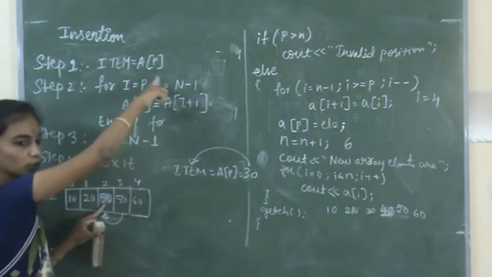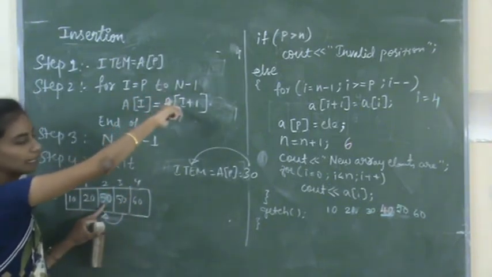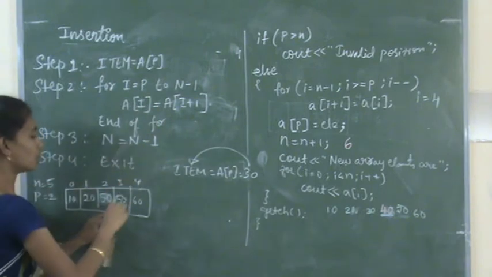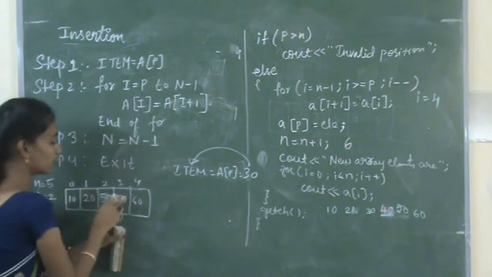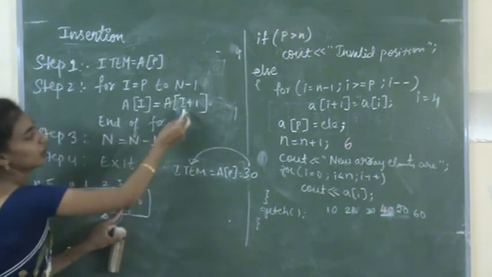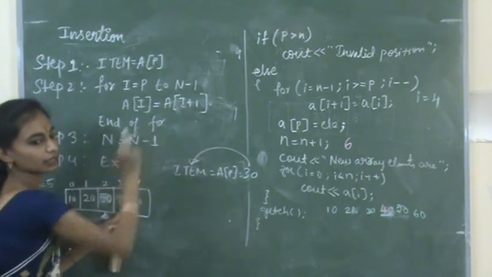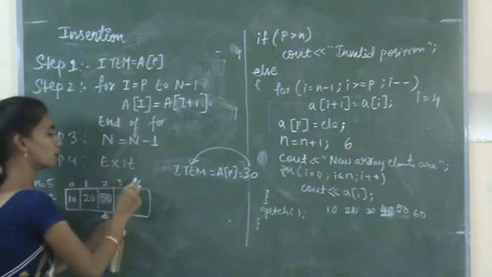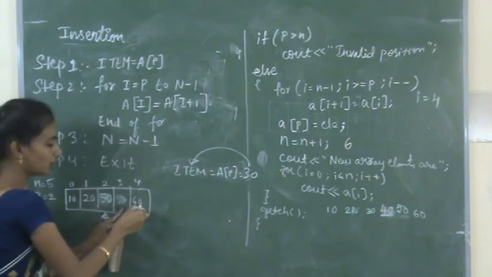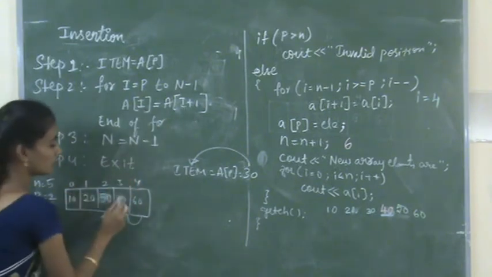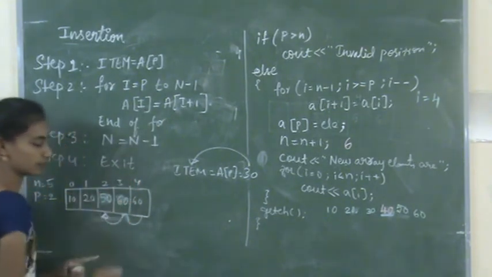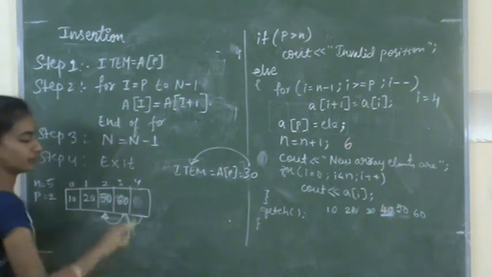Again the for loop is repeated and it increments the I value. Now I becomes 3. So I plus 1 means 4, so the position 4 value will be assigned to position 3. So now I have moved 60 here, and this will be deleted, right?